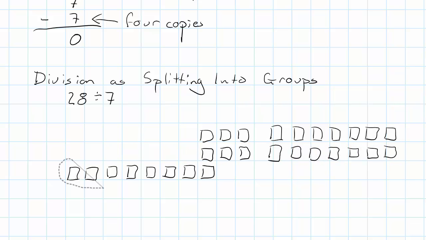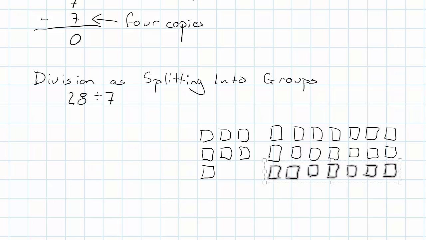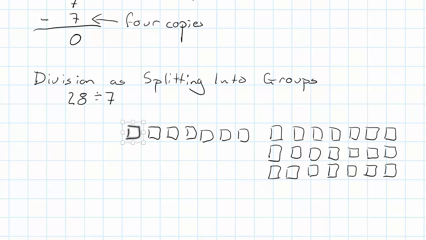And then let's see, these 7 down here. 1, 2, 3, 4, 5, 6, 7. And then, let's see, I think this is another 7. 1, 2, 3, 4, 5, 6, 7.